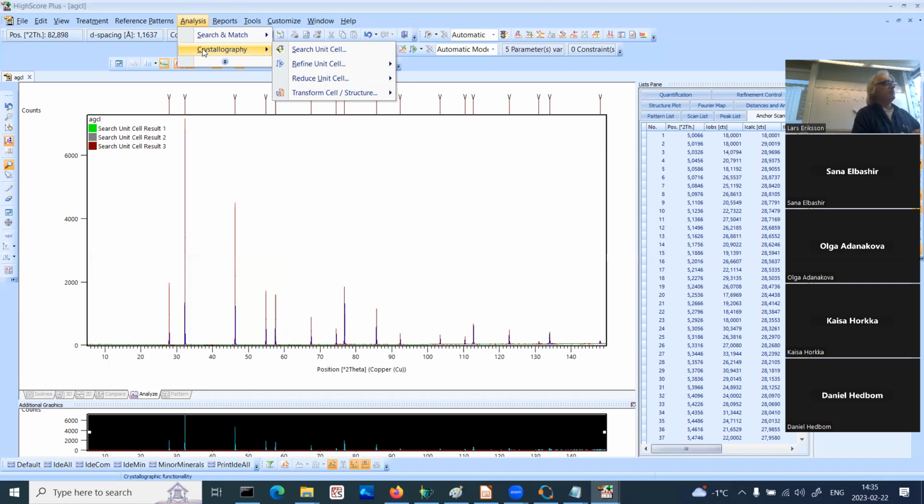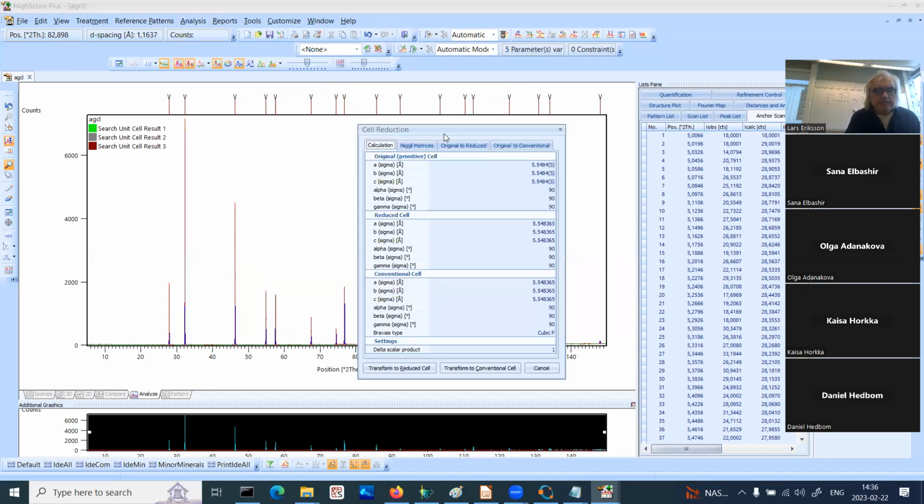But then I go to programs that are easier to control, and more cumbersome to control also, because you need to put in energy. Usually the unit cell should be more or less right when we can check reduce unit cell. Here now we have the cubic.